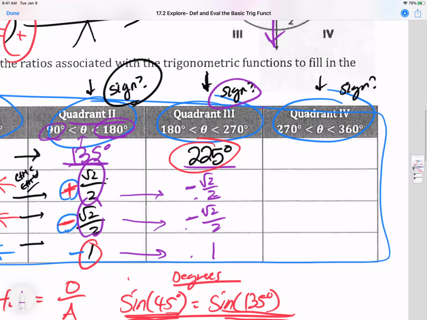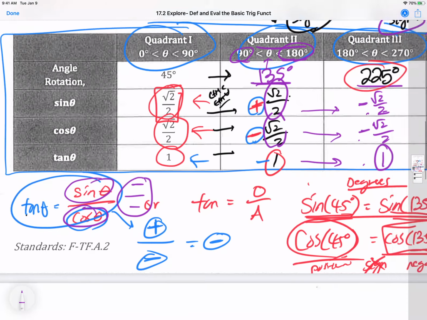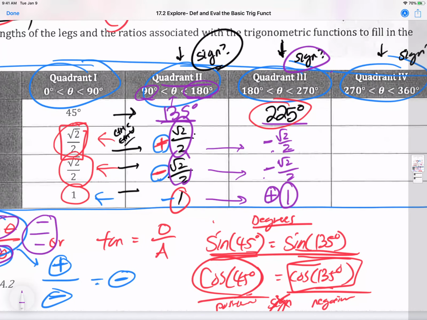Well, what happens to your tangent then? Well, tangent, like I said, was what? Sine over cosine. But if they both turn out to be negative, what's negative divided by negative going to give you? Yes, it's going to be positive here. So that is how we know that tangent is going to be positive in the third quadrant, but sine and cosine won't be. Here's a little trick.